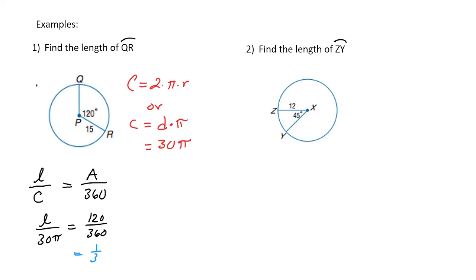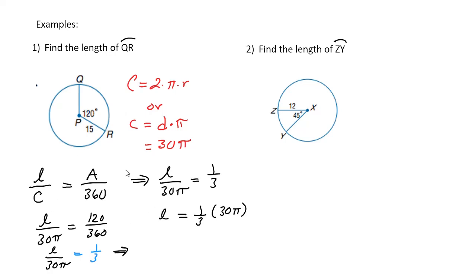So it should make sense now that I can rewrite this as length over 30 pi equals 1/3. Now let me multiply both sides times 30 pi, and I will get that the length is equal to 1/3 times 30 pi.